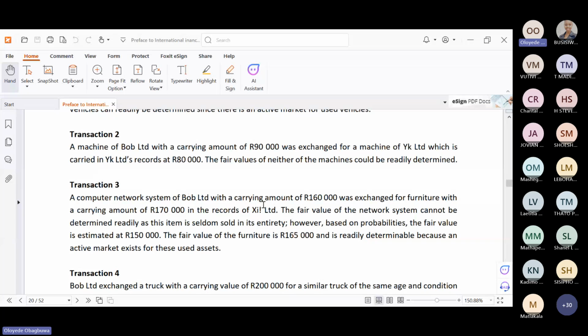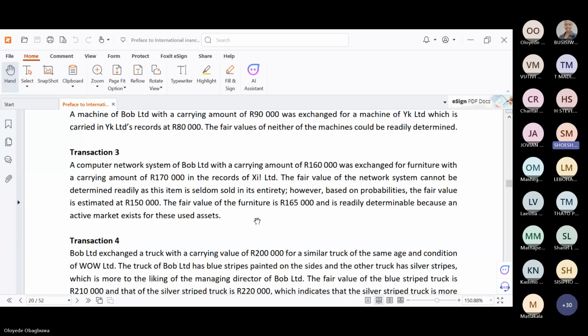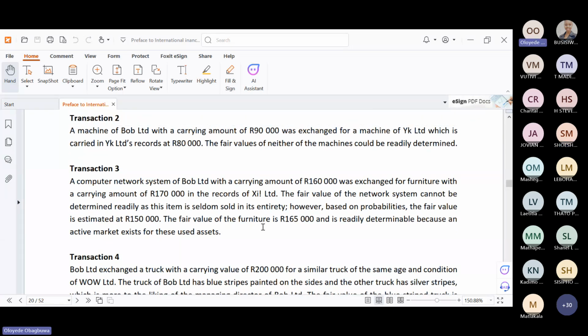The standard says if you cannot determine the fair value of the asset, then you are going to record it at the carrying amount of the asset given out. So in his books there is no change still. There is no change, exactly.